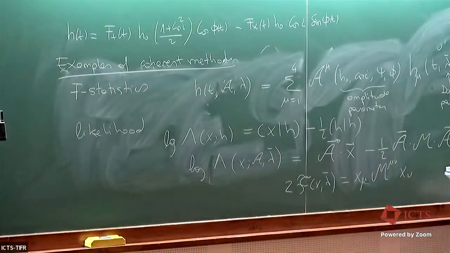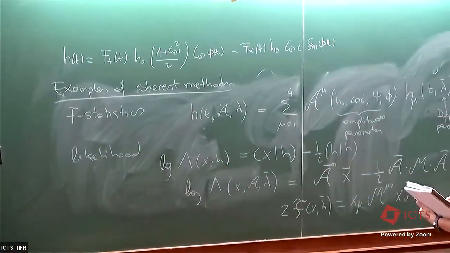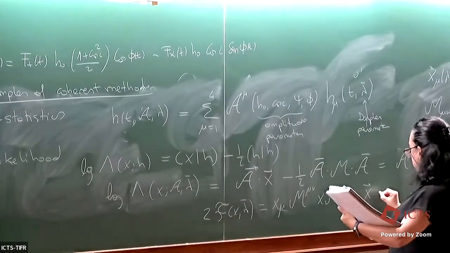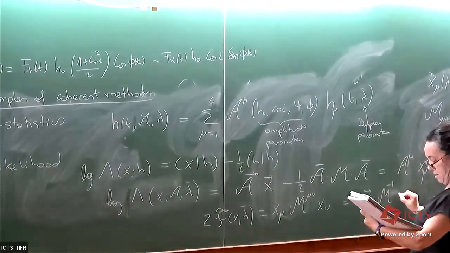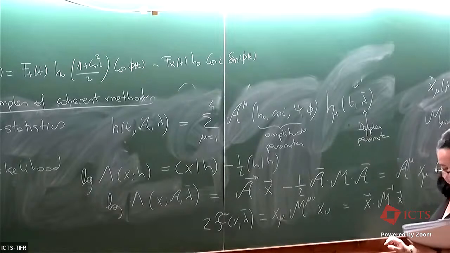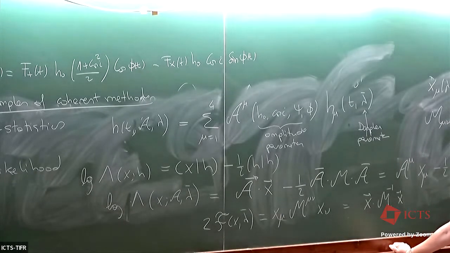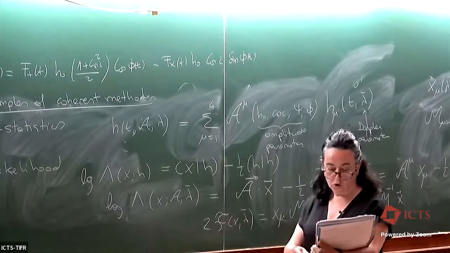Or if you prefer more elegantly, you can write x m minus 1 x. So even if we call it the F statistics, the value of the statistic we refer to is this 2F.